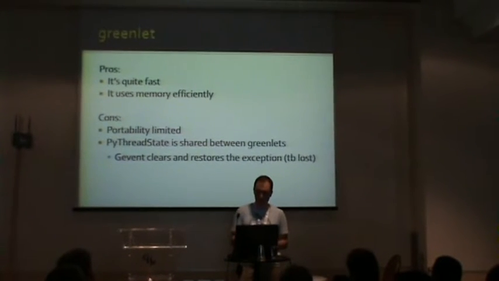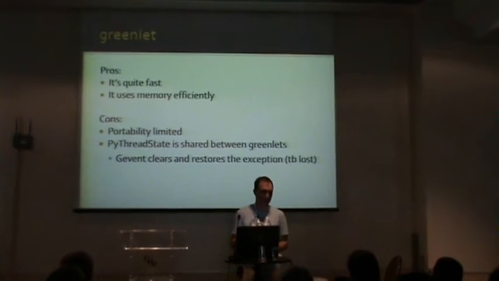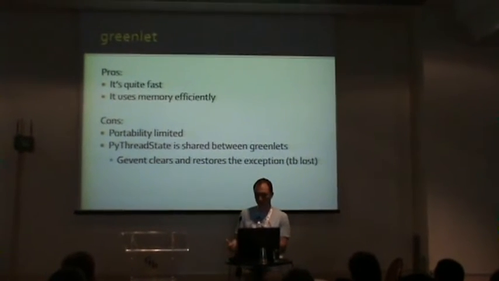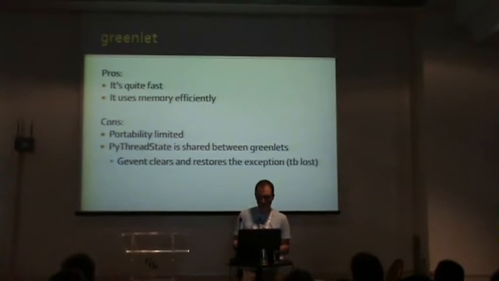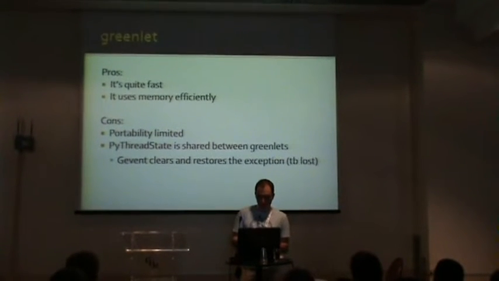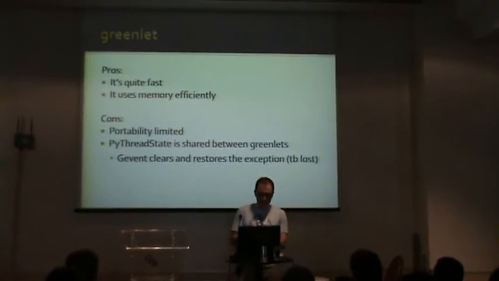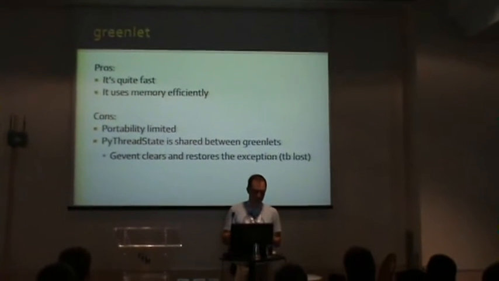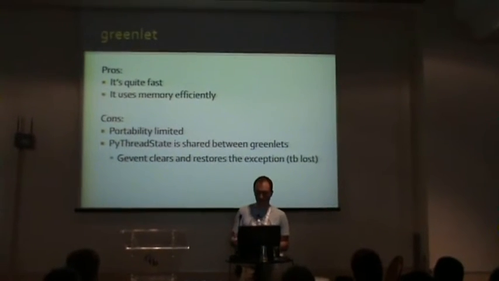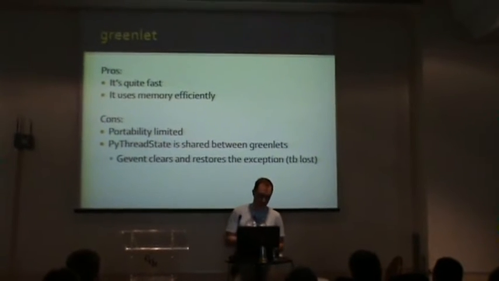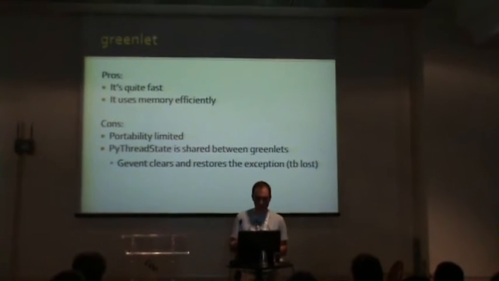The stack switching is done with some assembler code, and this assembler code is written per platform, so the portability is somewhat limited. If you use Greenlet and you want to make a cross-platform app, you should check on all the platforms you want to deploy. Usually not a problem for most applications, and the majority of the platforms are supported.